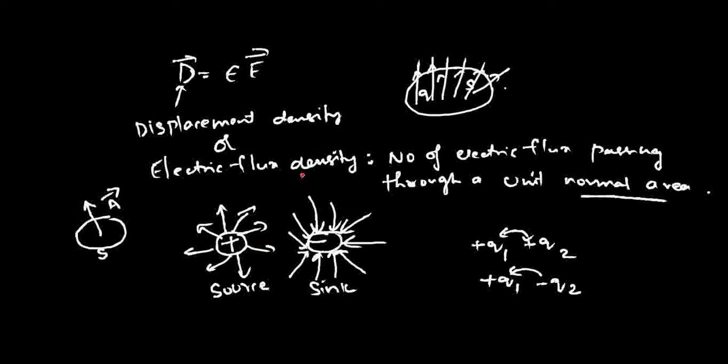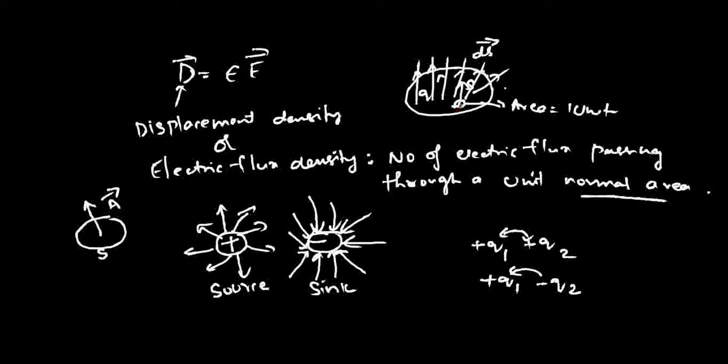Coming back to the electric flux density, it says the number of electric lines of flux passing through a unit normal area. So if you have a closed surface S surrounded by electric charge Q, and you take a small surface of area 1 unit, we know this small surface can be represented by a vector perpendicular to this surface, say ds bar.